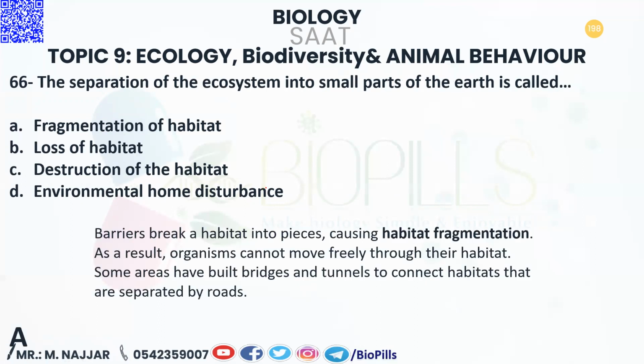Barriers split a habitat into fragments or pieces, causing habitat fragmentation, such as a road passing through a grazing area for camels. By doing this, we are fragmenting their habitats. But here we make a habitat corridor, such as a camel crossing road.